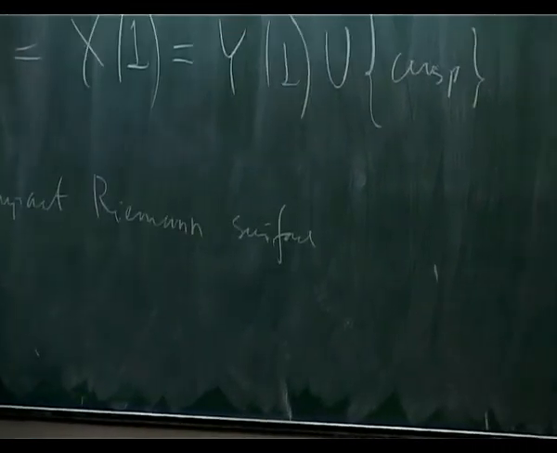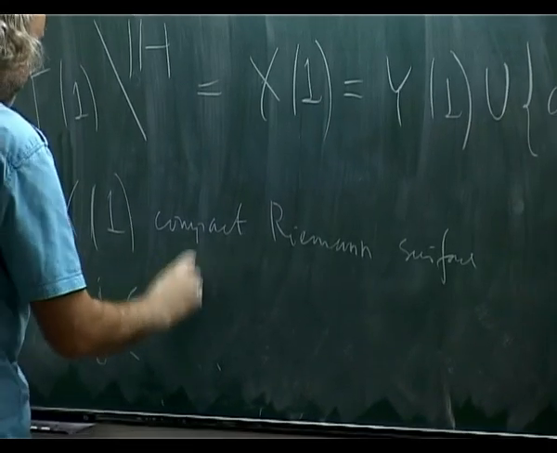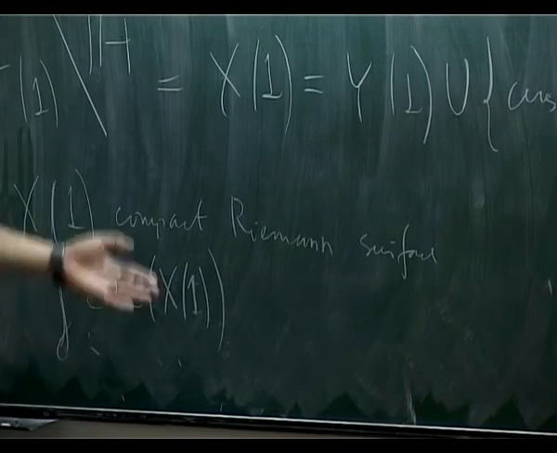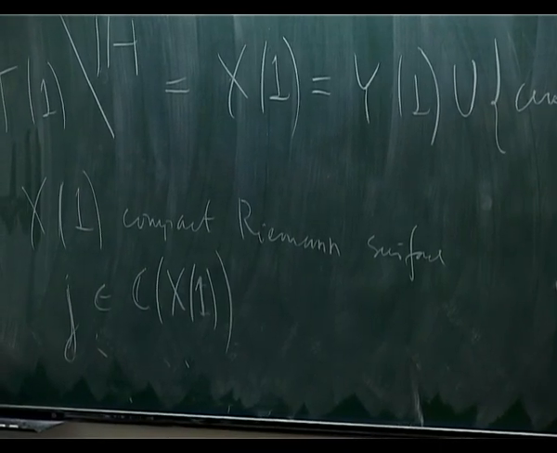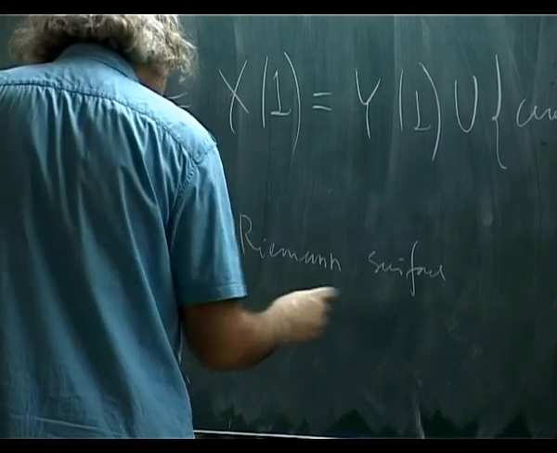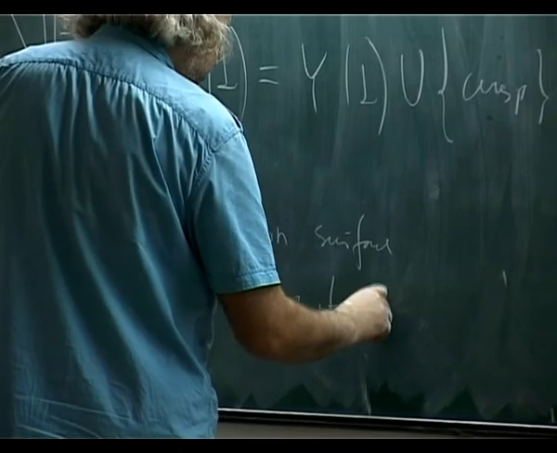And J is a rational function on it, having a pole exactly at the cusp. It's a simple pole.